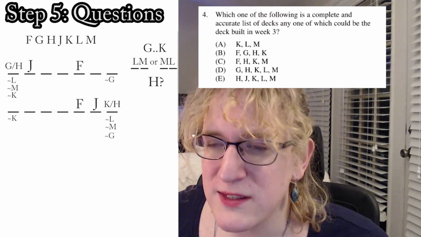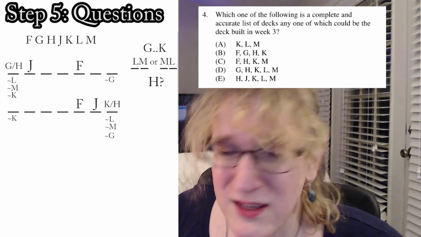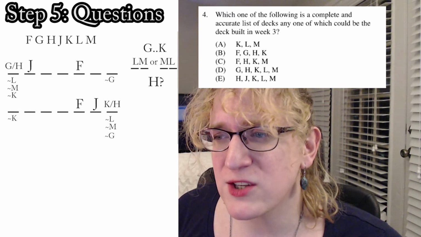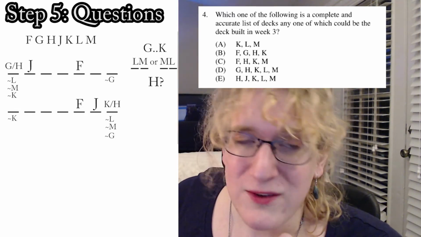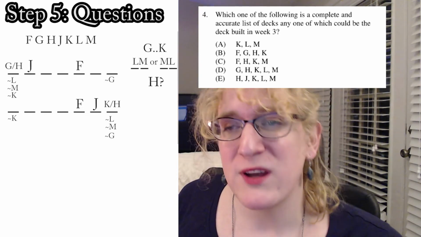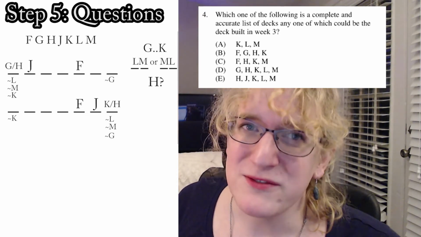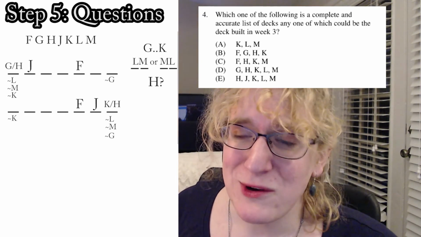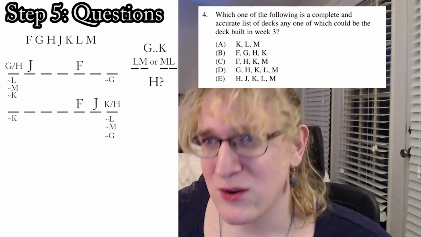So that eliminates options B and C already. So could it be G or H? Honestly, if I wanted to, I could test them out, but just thinking to myself, H is a floater, so H can go anywhere. I'm pretty sure we could figure out a way to put H third.